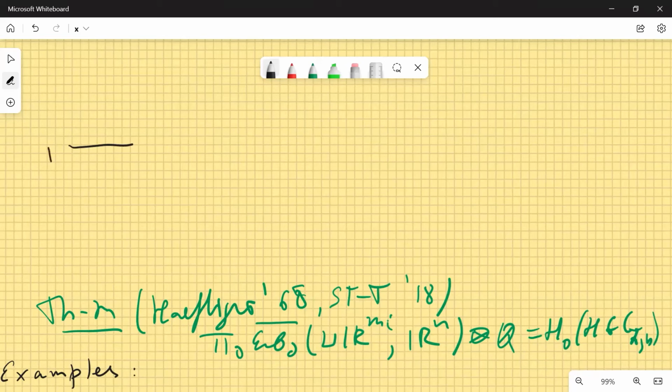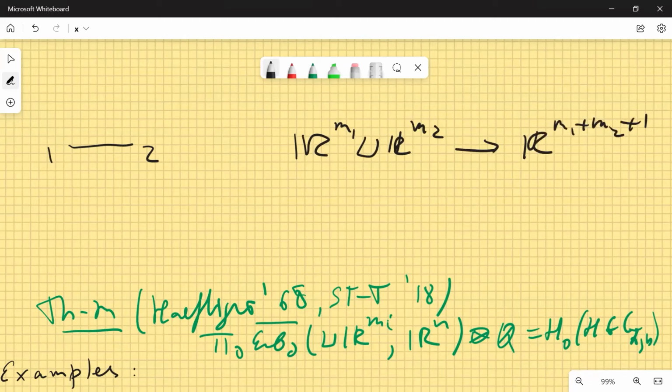So a graph like this really corresponds to the linking number. So for example, when we have embeddings of R^{m_1}, R^{m_2} into R^{m_1+m_2+1}, then we have a linking number, and the coefficient in front of this graph corresponds to the linking number. So this is one example.